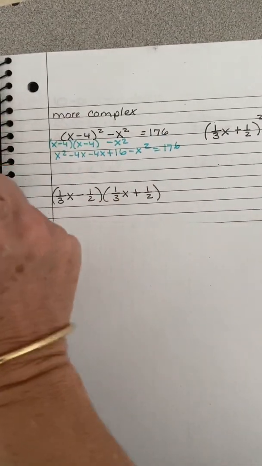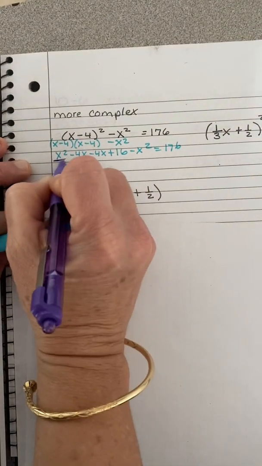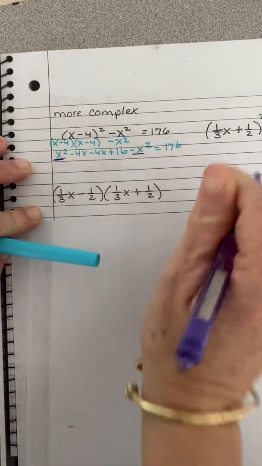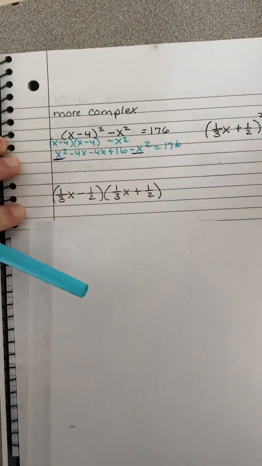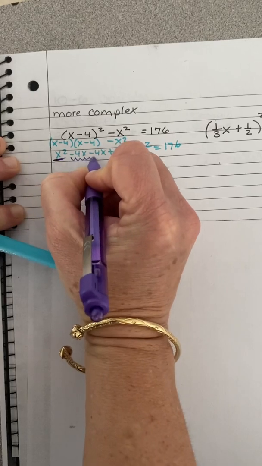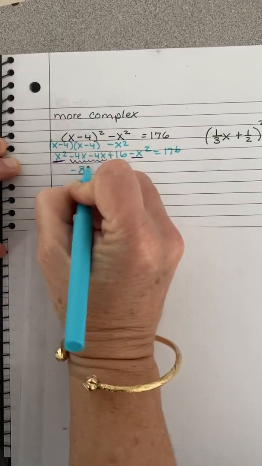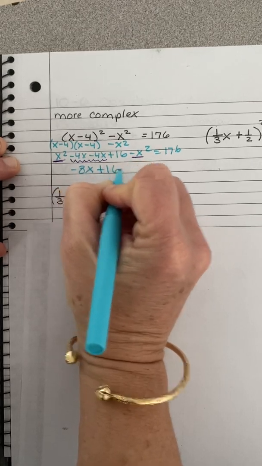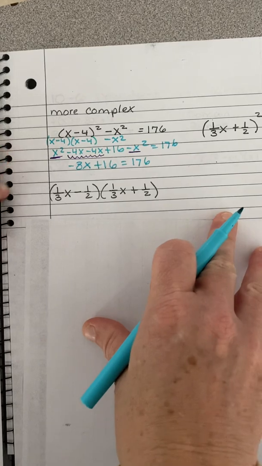Okay, so let me combine my like terms. Well, if I look here, I notice that I have an x squared minus an x squared. So boom, that's gone. Now I have minus 4x minus 4x. So I get negative 8x plus 16 equals 176. Well, now I'm going to solve this just like a normal equation.